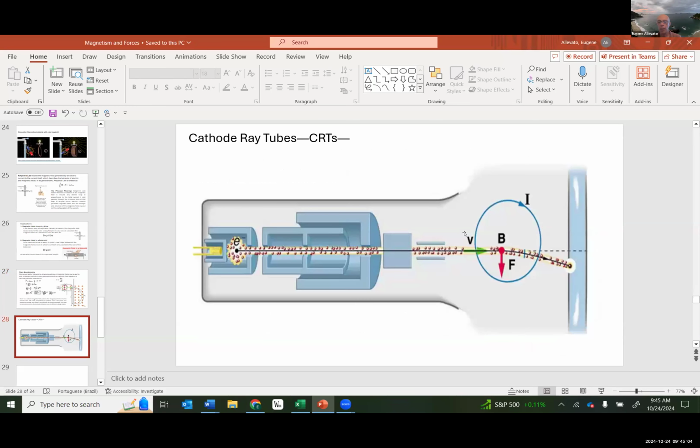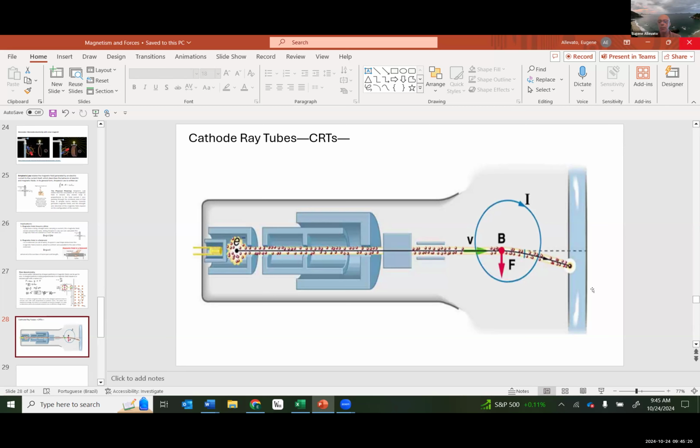And our last slide is something we discussed at the beginning of class, the first class, about the cathode ray experiment, right?